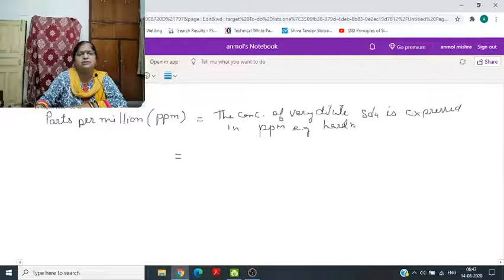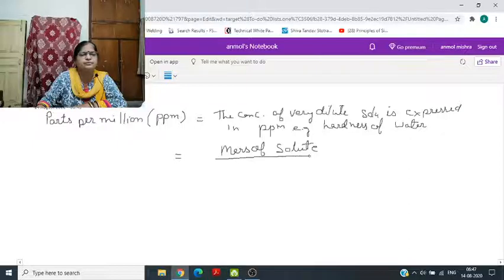Hardness of water means how much bleaching powder should be used, and there also the unit ppm is used. So the formula will be mass of solute upon mass of solution.